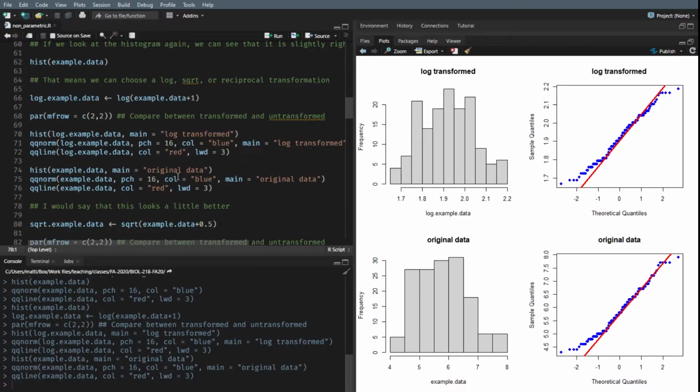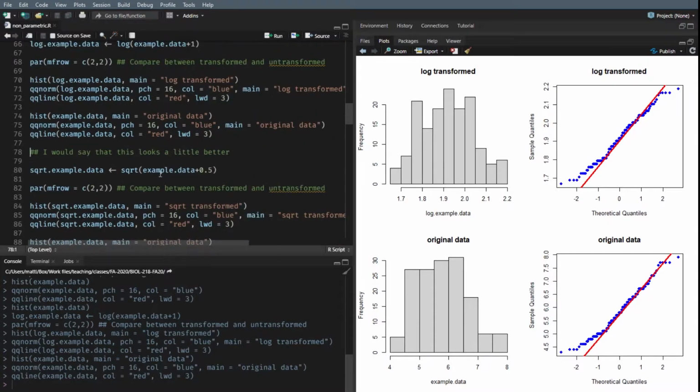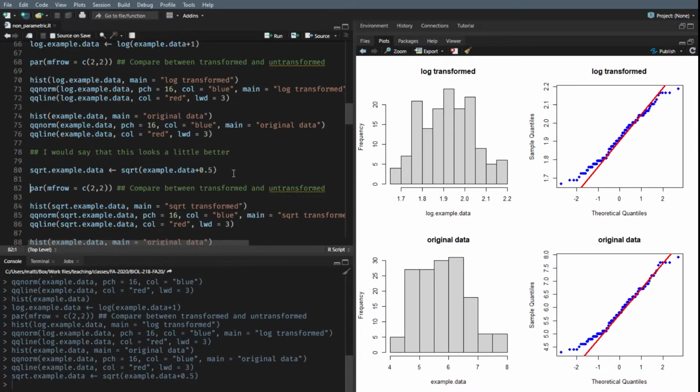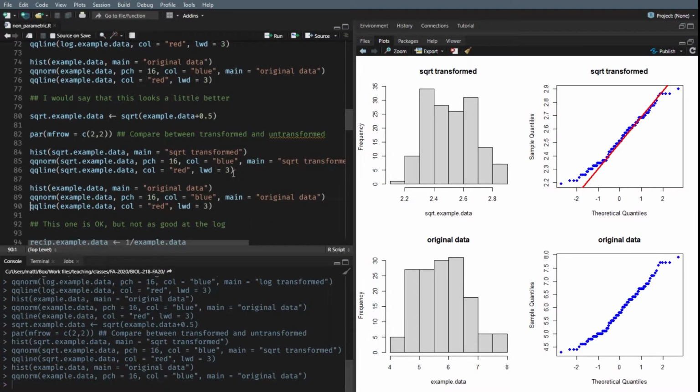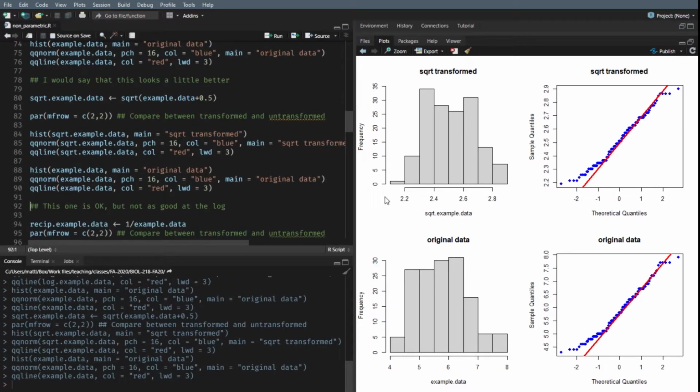Now we can do the same thing to check the other two transformations that are appropriate for right-skewed data. We can do a square root transformation, which is the square root of our example data plus 0.5. And run all of those plots. And we can see, okay, that works pretty well too. That maybe doesn't look quite as normal as the log transformation, but it does make our data fit the normal assumption a bit better.